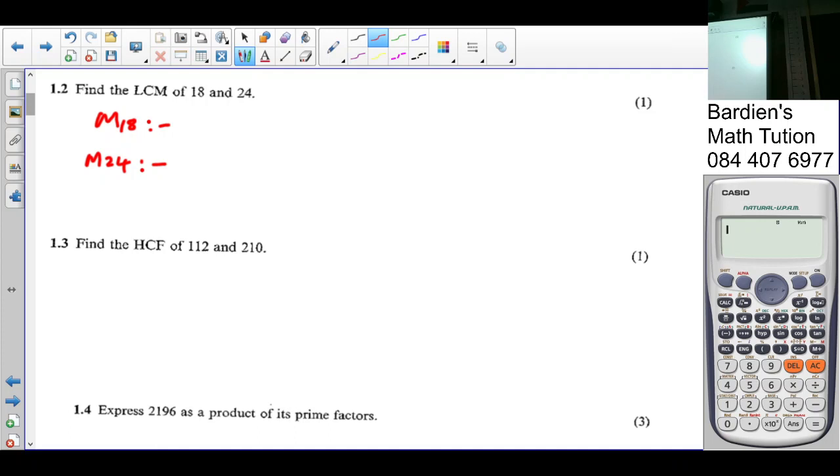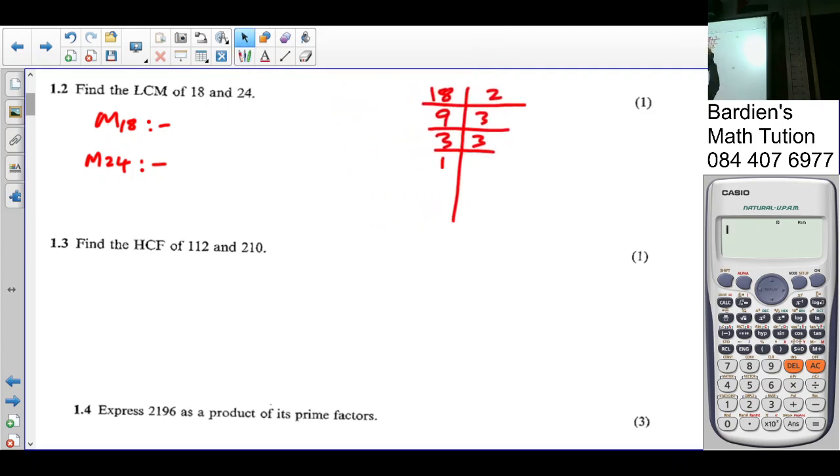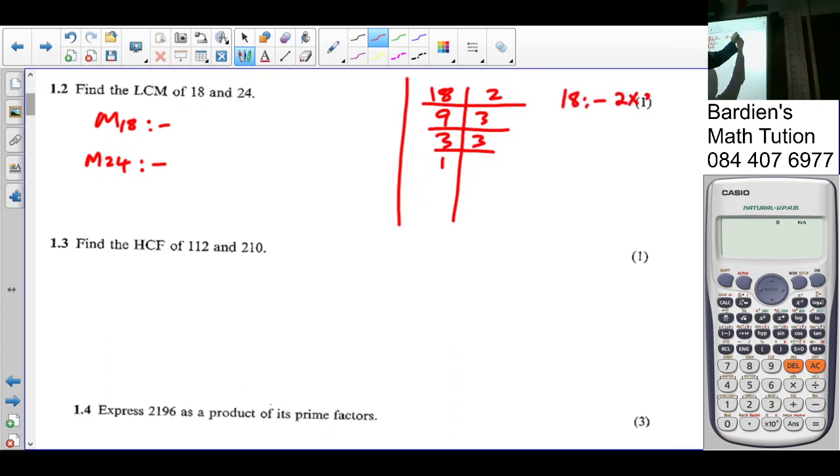So what is the product of prime factors of 18? It's 2. 2 goes into 18 how many times? 9. 3, 3, once. Not so? Let's put this on the side. I'll do both ways for you, okay? So 18 can be written as 2 times 3 squared.